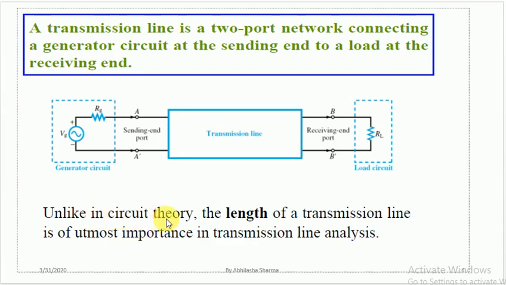Unlike in circuit theory, the length of a transmission line is of utmost importance in transmission line analysis, whereas the length is not necessary for electric or electronic circuitry. But in the case of the transmission line, of course, the main consideration depends on the length.